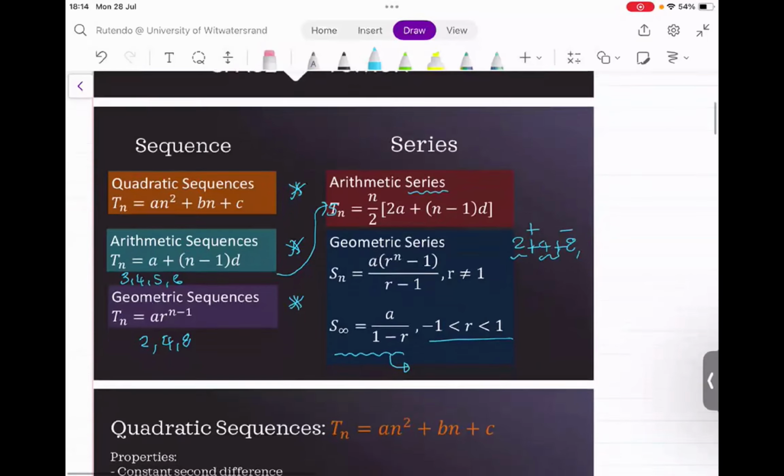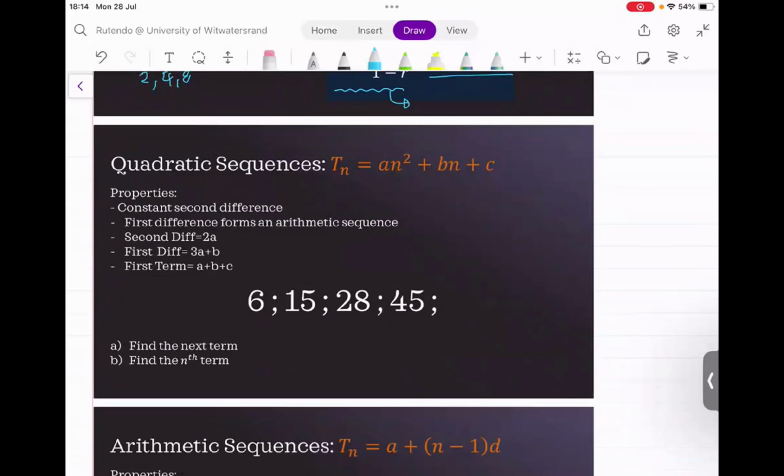Okay, so let's look at quadratic sequences. When we look at quadratic sequences, we'll see something like this, right? So normally when we're looking at patterns, we want to say, okay, what is the difference between my first term and my second term? And that kind of tells us what kind of sequence we're dealing with. So what's the difference between 6 and 15? It'll be 9.